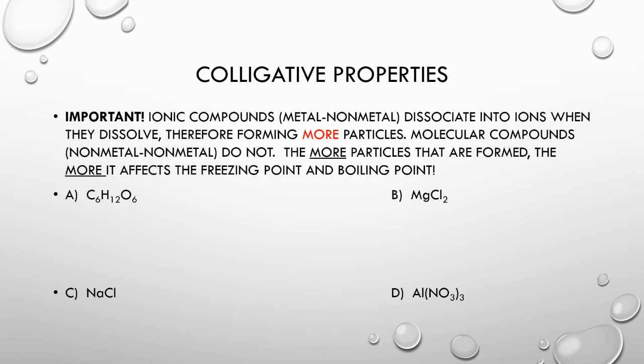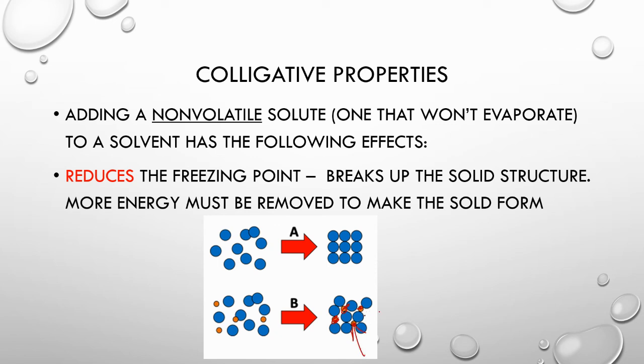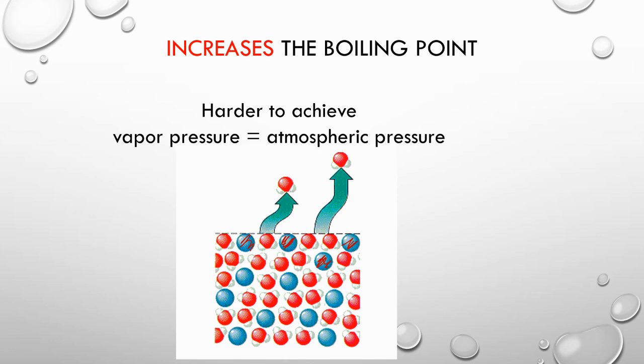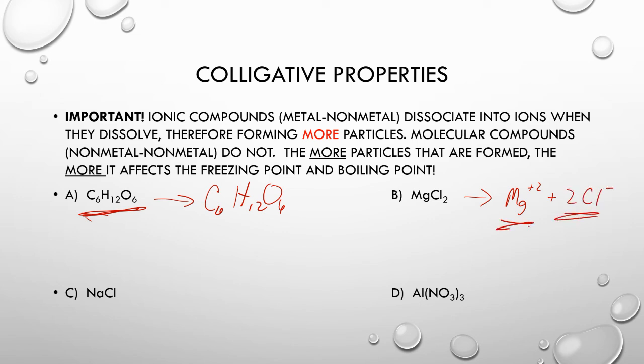Anyway, so that's based on particles. So the more little disruptive particles you have, the more you can achieve these effects. So something that's covalent, like sugar, will not break up into more than one particle. So it's only going to have the effect of a 1-to-1. But something that dissociates in water, like magnesium chloride, will actually have the effect of having 3 ions.